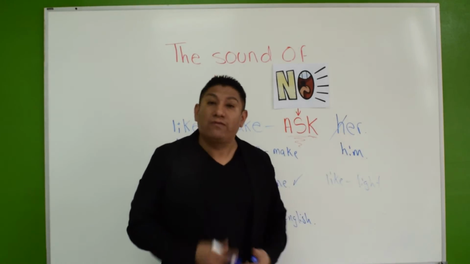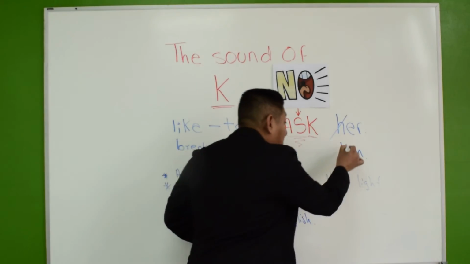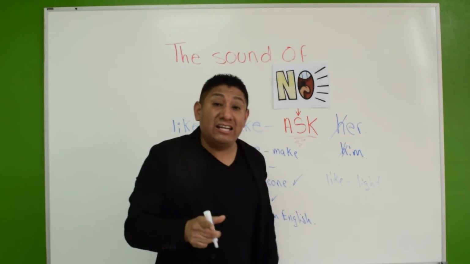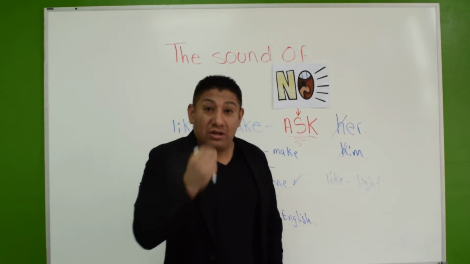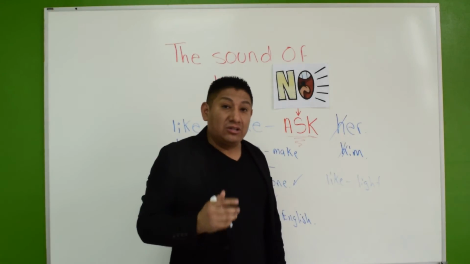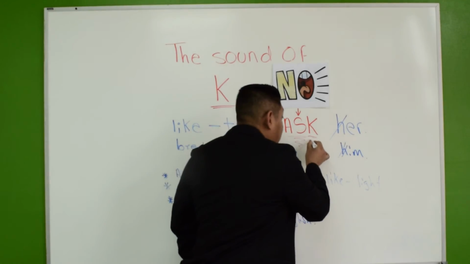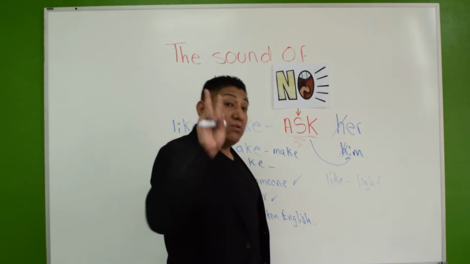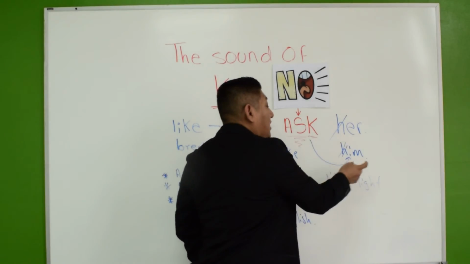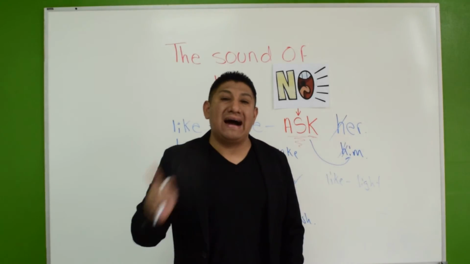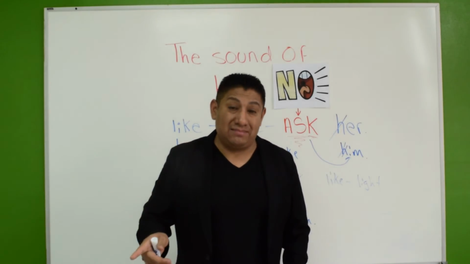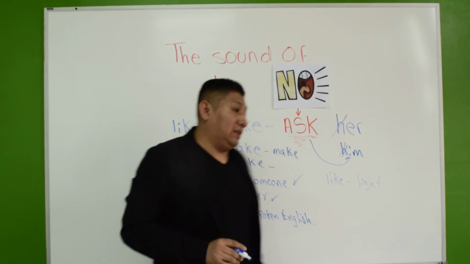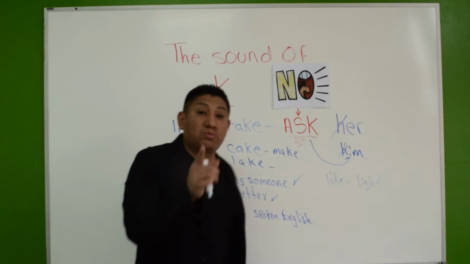Ask him. Of course not. So what happens is this. We eliminate the letter H when it comes to speaking. So the sound would be this. Ask him. So now we have two. Ask her, ask him. That is what I mean when you learn to use spoken English.